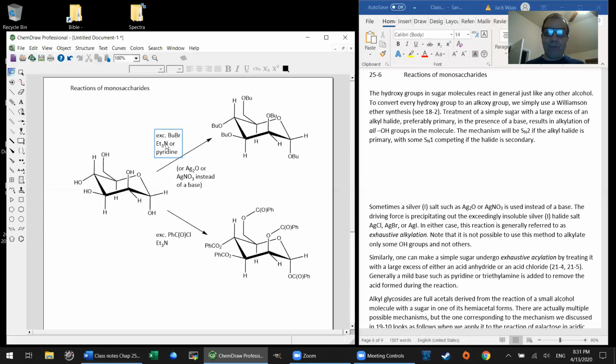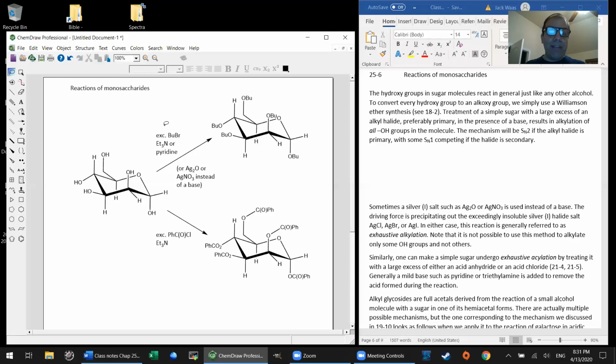So I just picked 1-bromobutane more or less arbitrarily, but you can treat this with any alkyl halide, preferably primary. Secondary might work. And we do need to use some base. Now, this is going to be not nearly as alkaline a solution as we learned about in chapter 18 when we learned the Williamson ether synthesis. This is going to be much closer to a pH of 7.